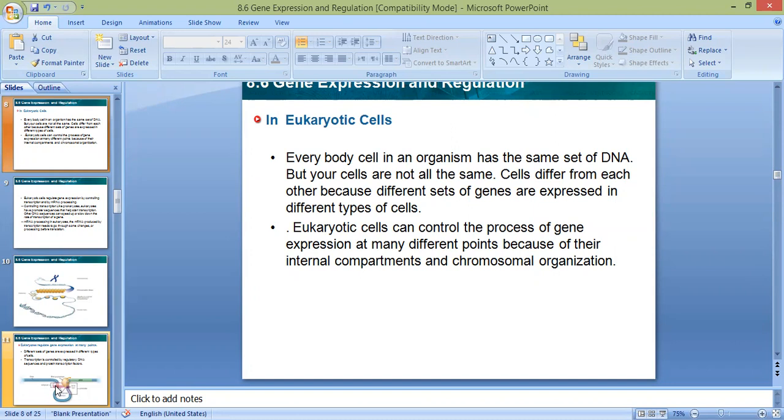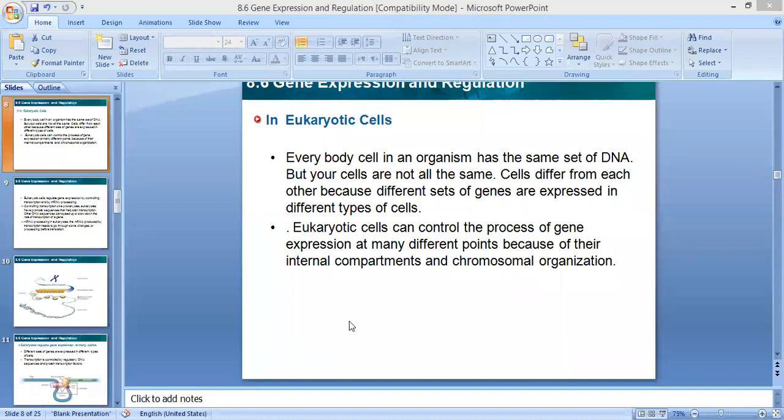لا انت في الـ DNA بالـ cell بتاعت الهارت بتاعتك نفس الـ DNA بالكدني سيل نفس الجين. But what is the difference? Yes يا يسرى.